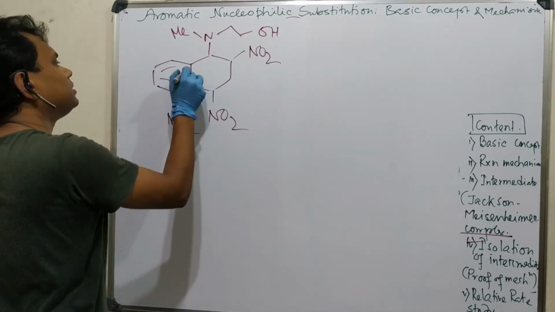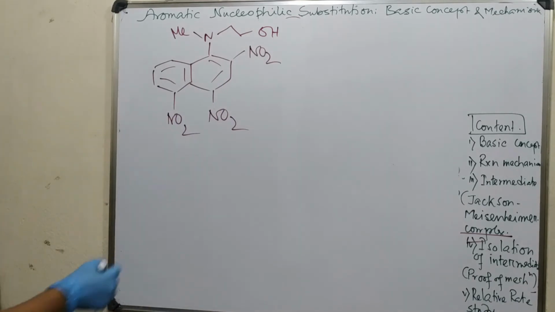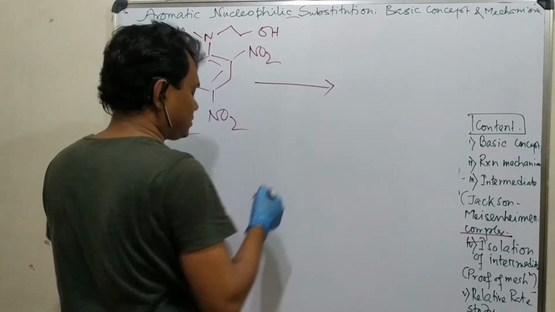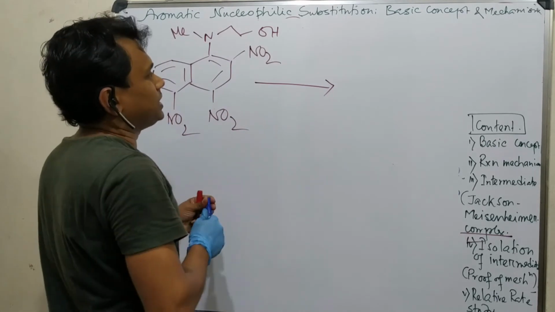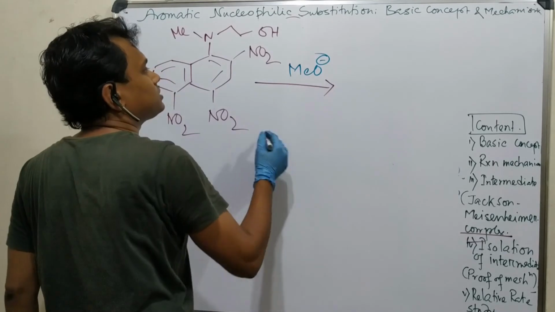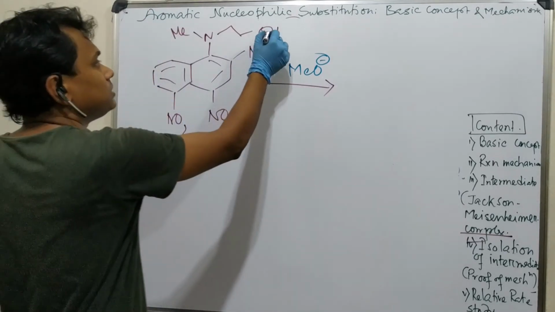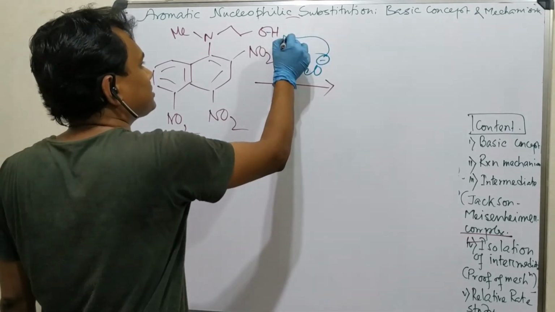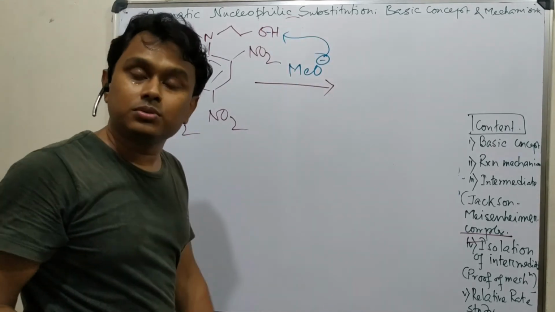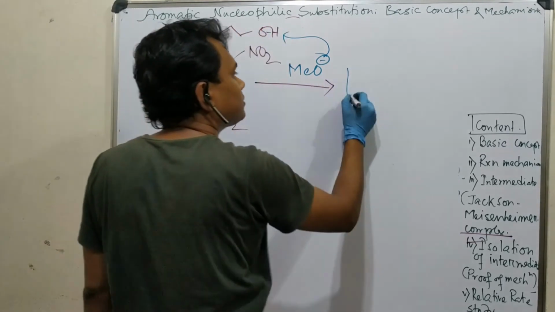This is the substrate. Okay, so if you treat this substrate with ethoxide or methoxide, what is expected? Where is the acidic proton present? This is the acidic proton. So alkoxide exchange, and it can produce the alkoxide from here.